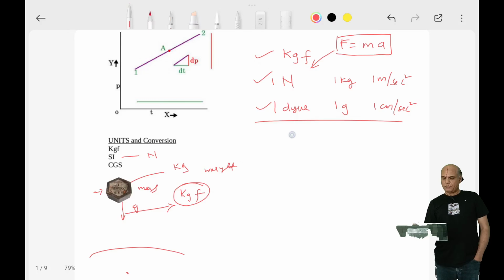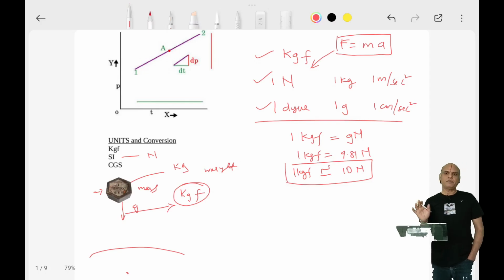Now the conversion of units. 1 kgf is equal to g times Newton, because g is the gravitational acceleration, or 1 kgf is equal to 9.81 newtons, or approximately, sometimes to simplify calculations, it is given as 10 newtons.